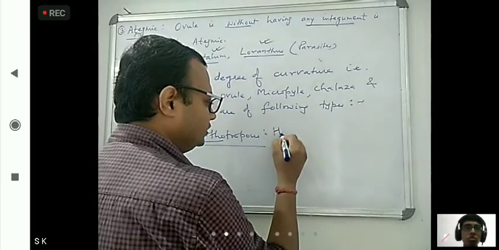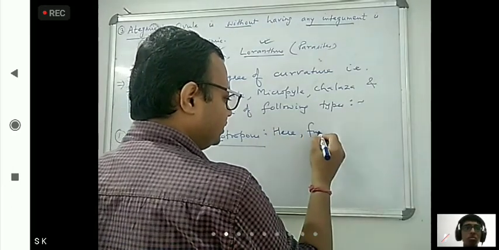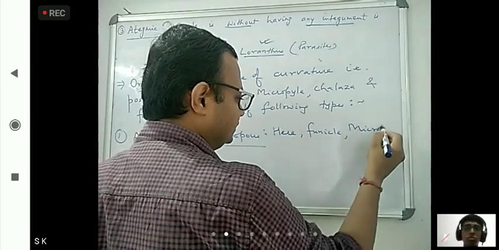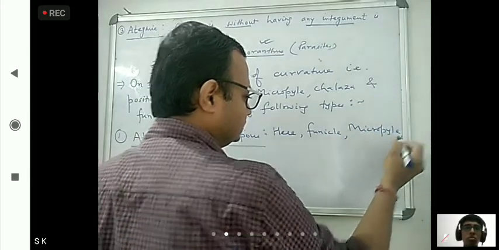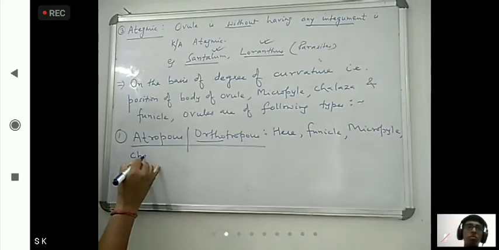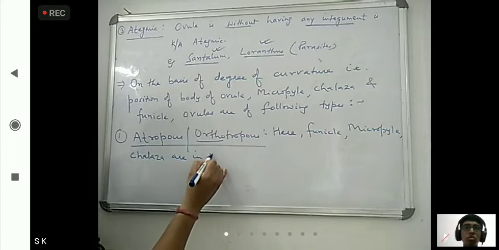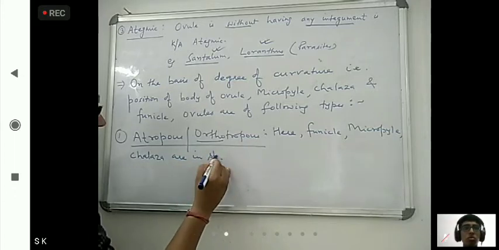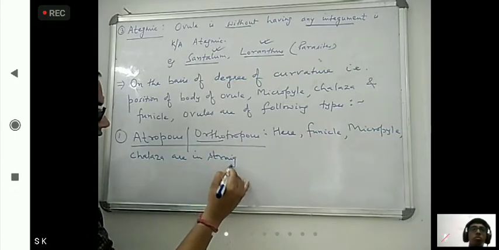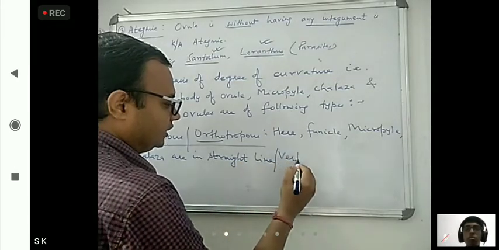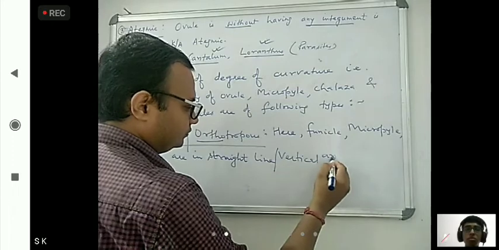So here funicle, micropyle, chalaza are in straight line or vertical axis.